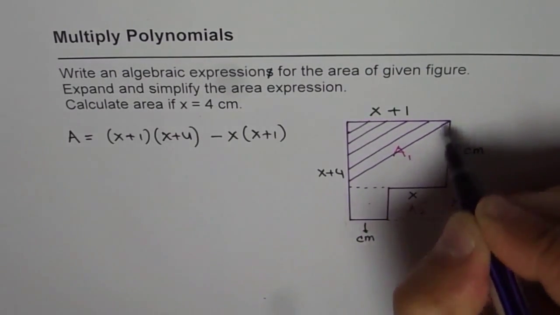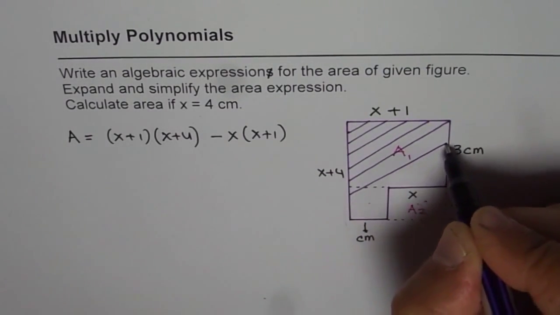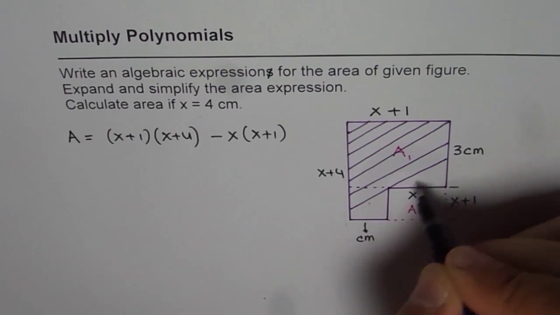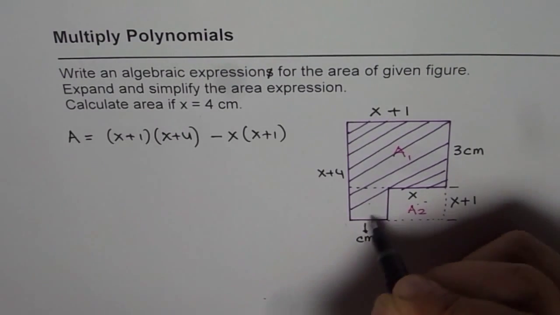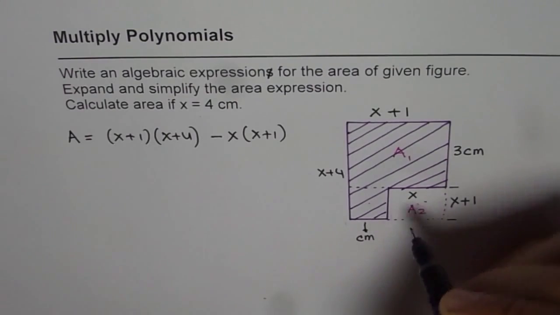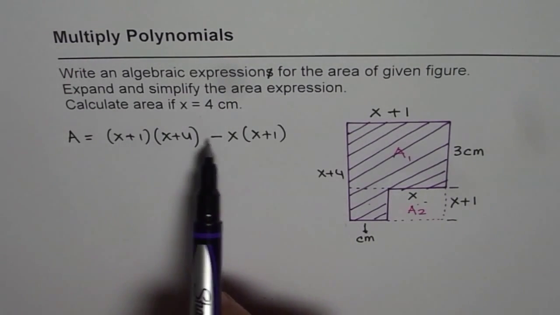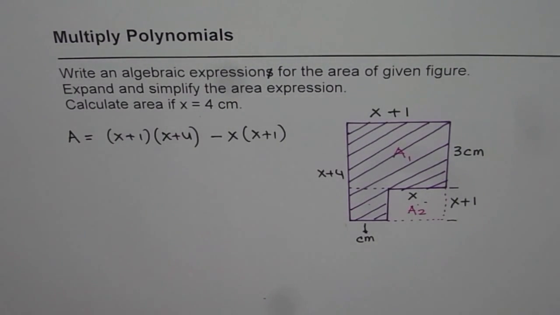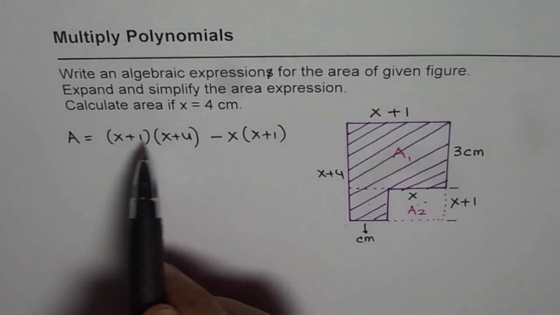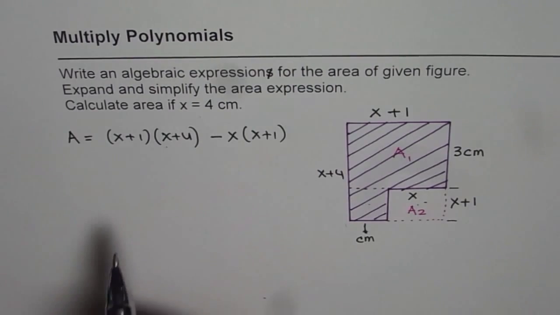Now we have to solve this algebraic expression to find the area of this surface. There are two ways to solve this question. One is we can expand and then simplify, just multiply each term, distributive property, and then simplify.